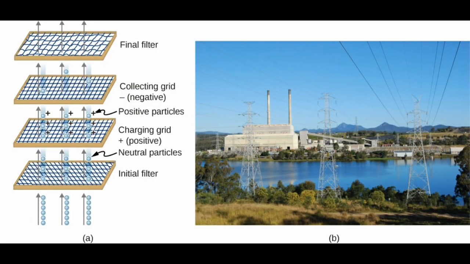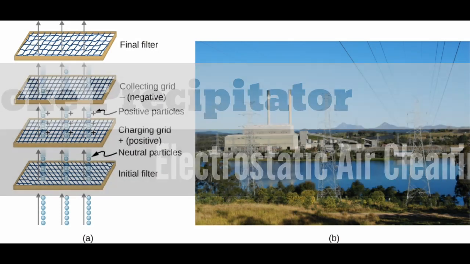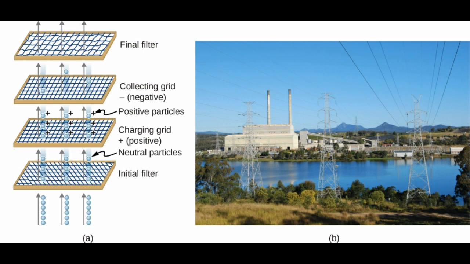Another application of electrostatics is the smoke precipitator and electrostatic air cleaning. Another important application of electrostatics is found in air cleaners, both large and small. The electrostatic part of the process places excess, usually positive, charge on smoke, dust, pollen, and other particles in the air, and then passes the air to an oppositely charged grid that attracts and retains the charged particles.